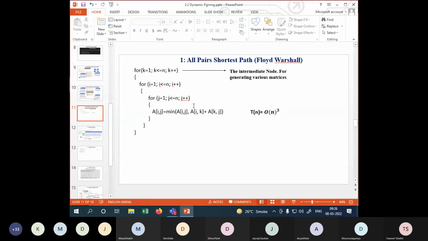This loop we iterate n times, this we iterate n times, and this one again n times, and the meaning of this is generating the different matrices.